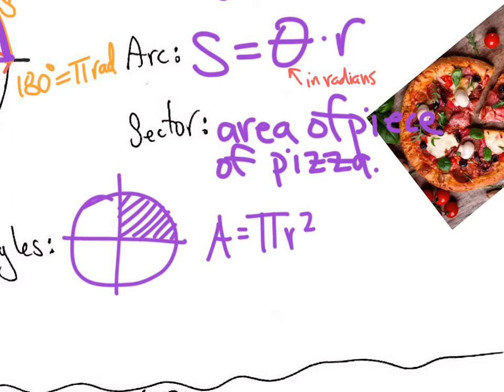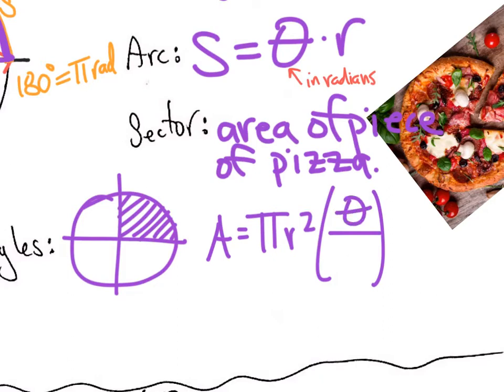So the area of a sector we're going to have to multiply by the fraction. So this is the entire area, and this is the ratio or the fraction of our angle over all the way around, or 360 degrees. And if we're talking about radians, it would be our measure in radians divided by all the way around, which is 2 pi.